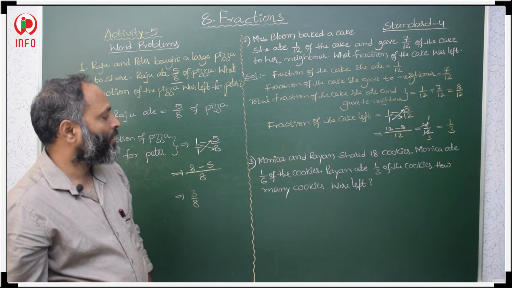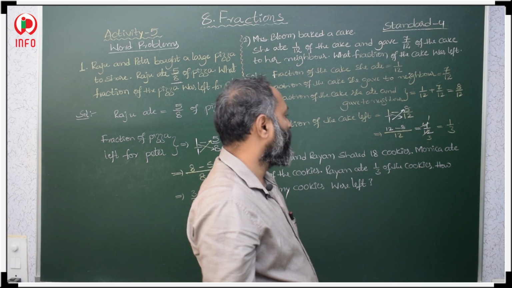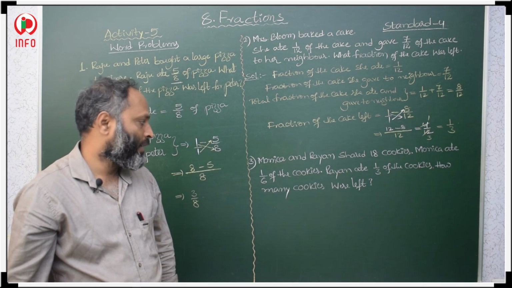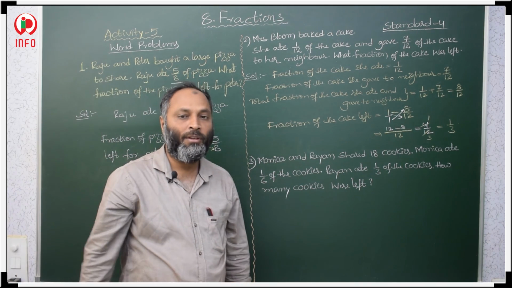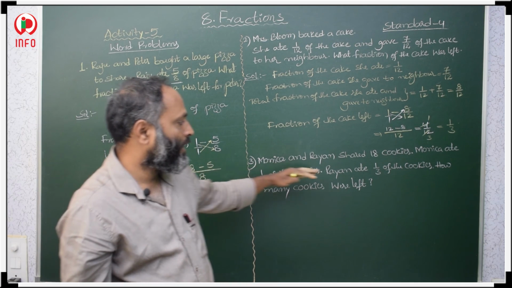Then in the third question, Monica and Rayan shared 18 cookies. Monica ate 1/6 of the cookies and Rayan ate 1/3 of the cookies. How many cookies were left? First we have to find how many she ate and how many he ate.